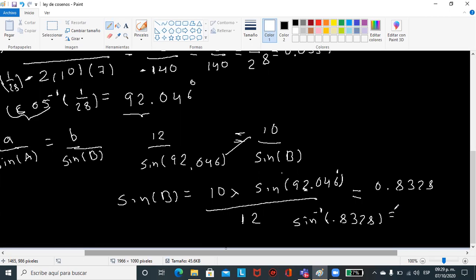Remember, shift plus sine, and this is equal to 56.356 degrees.